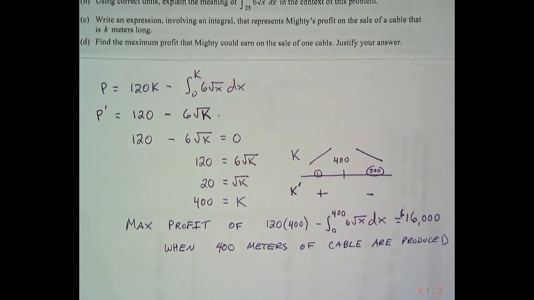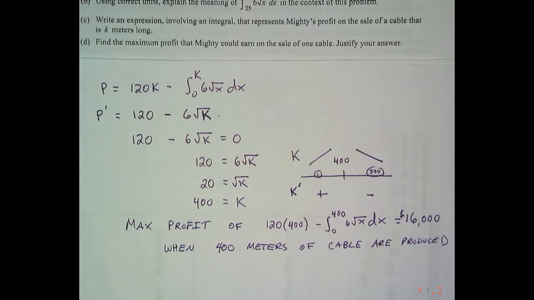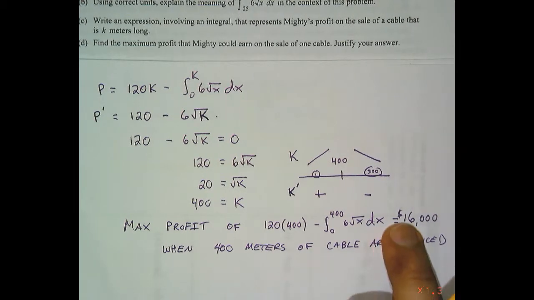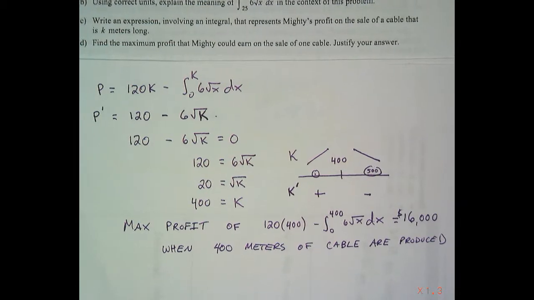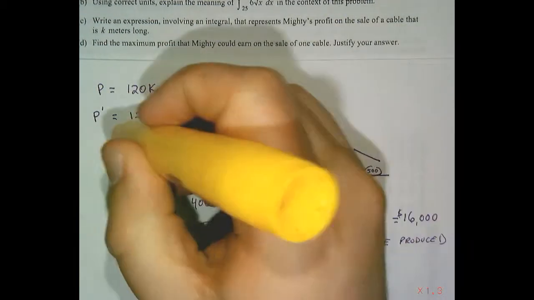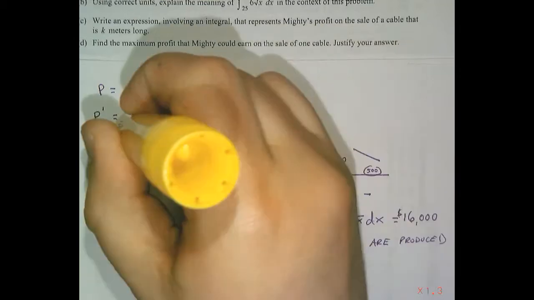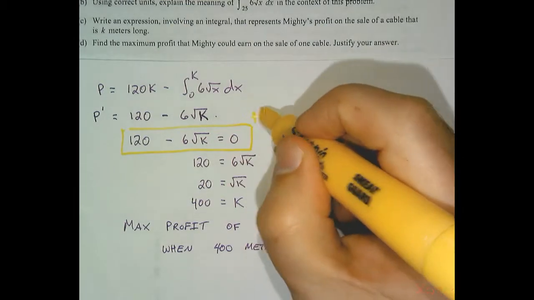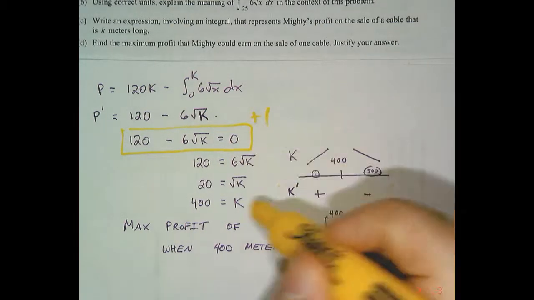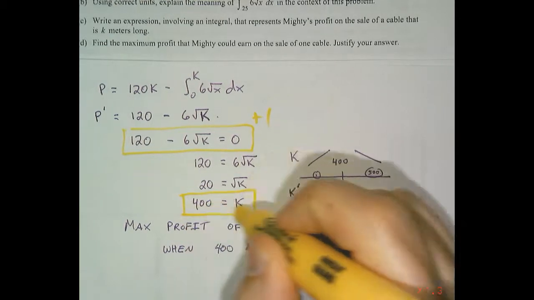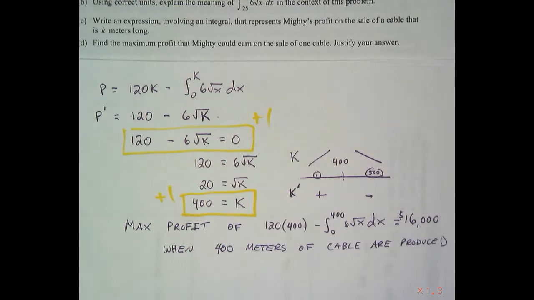Is produced. This is worth 4 points. That little sign by 16,000, that's a dollar symbol. Equals $16,000. P prime of k equals 0, so if you set the derivative of p equaling 0, that gets you 1 point. If you're able to do the algebra to solve for your critical value, that's your 3rd point.